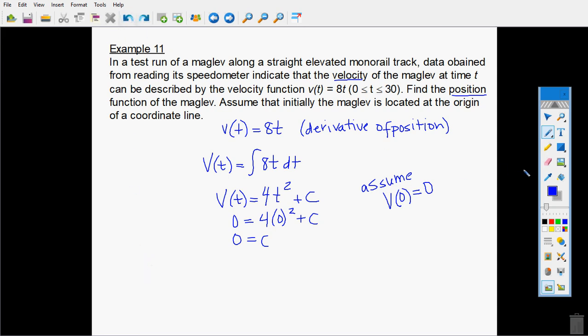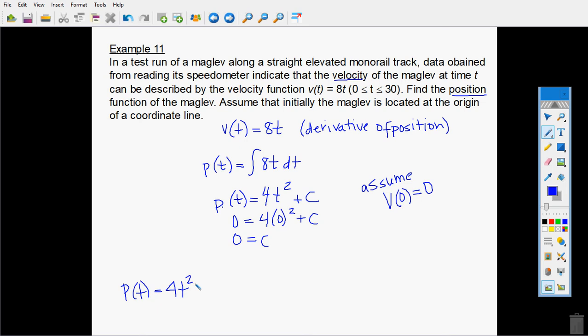Maybe instead of calling this big V and little v, what we're really looking for is P of t. That might be easier. So then P of t is just 4t squared. We know that C is 0 because my position is 0 at time 0. So that means my constant is just 0.